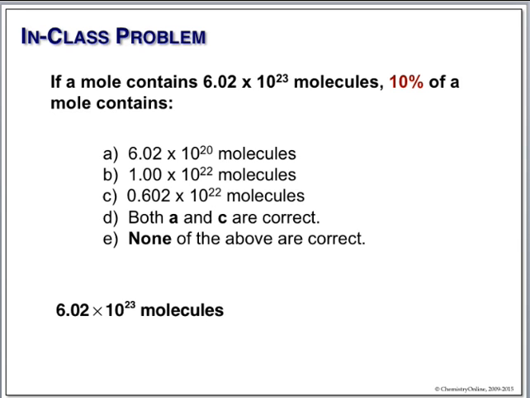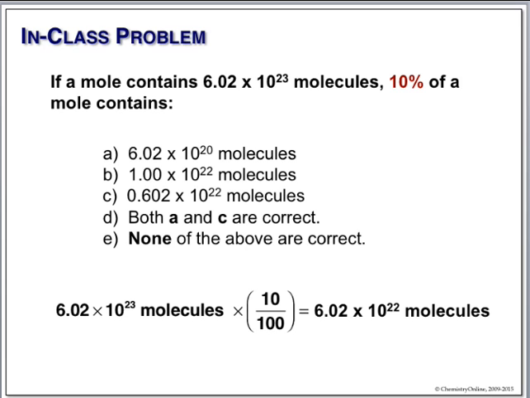Well, it's actually 10 over 100, isn't it? So here's our ratio. Basically, we're going to move our decimal over, and it's 6.02 times 10 to the 22nd. You could probably just do that one in your head. Any questions?